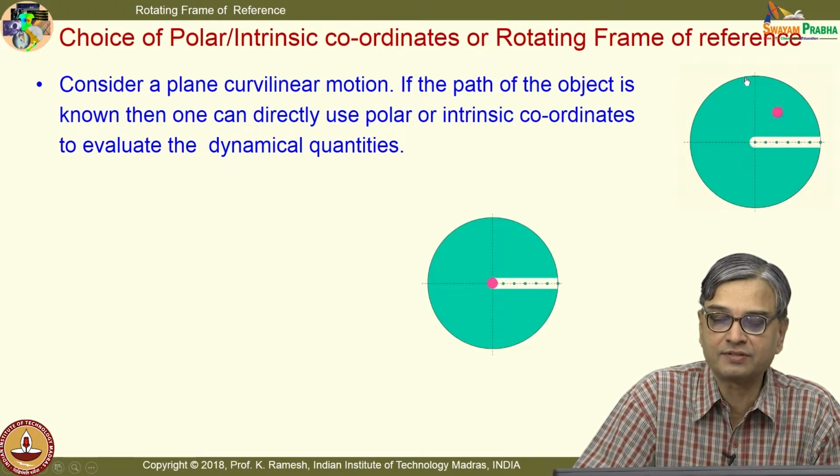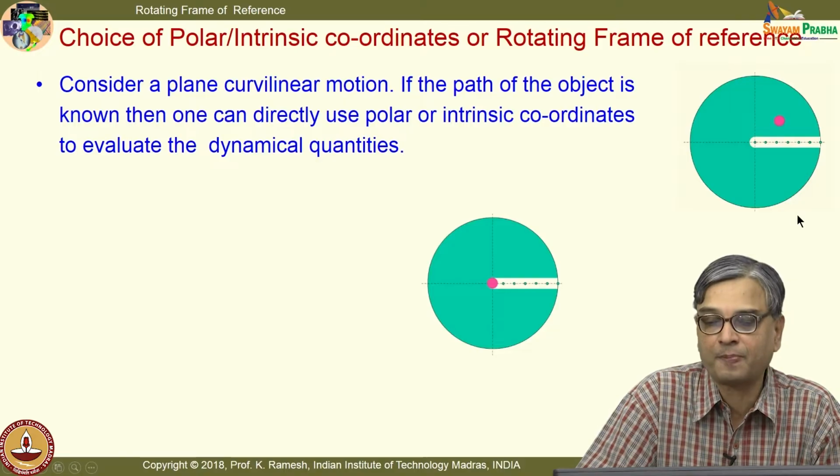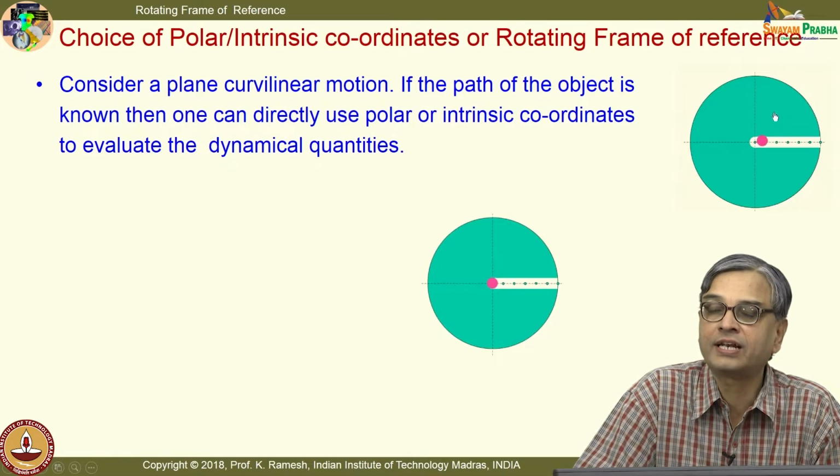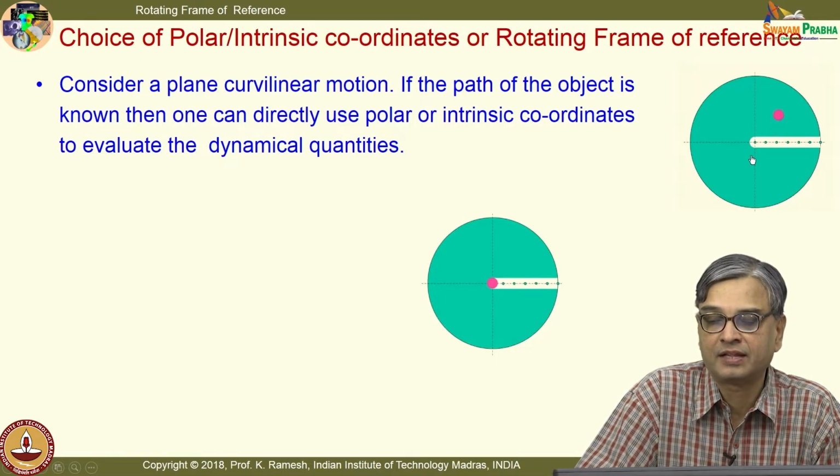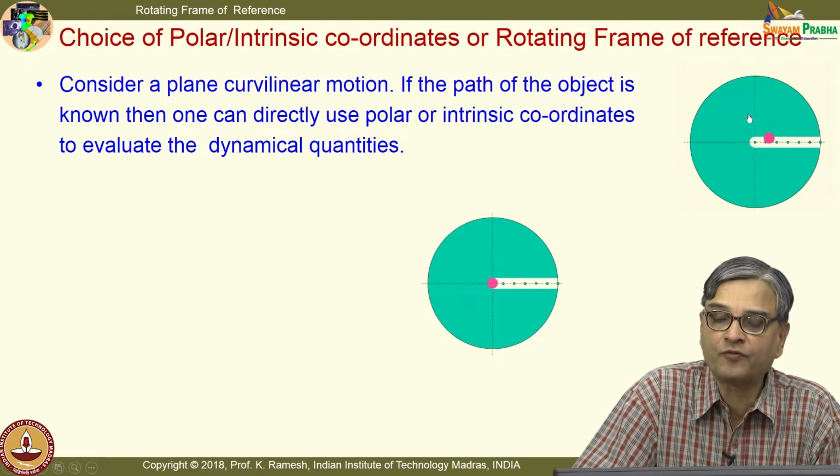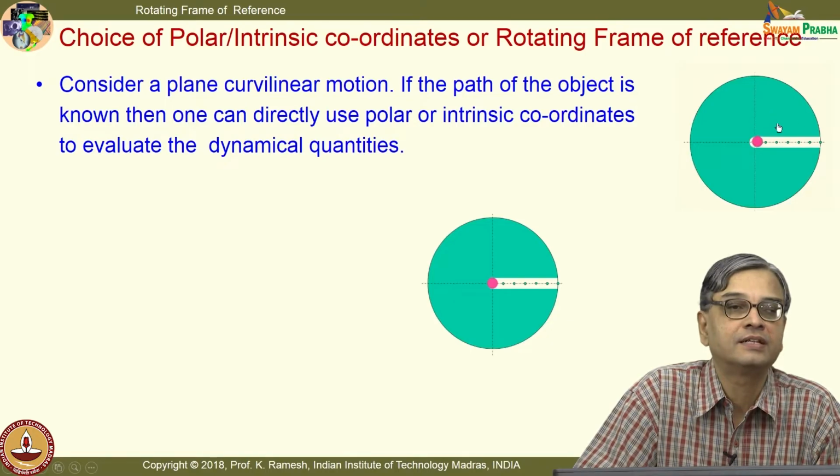And just observe this and also make a neat sketch. What I have is a particle having a motion like this, and by some means, if you know the description of this motion, then I can use polar or intrinsic coordinates to evaluate the dynamical quantities.